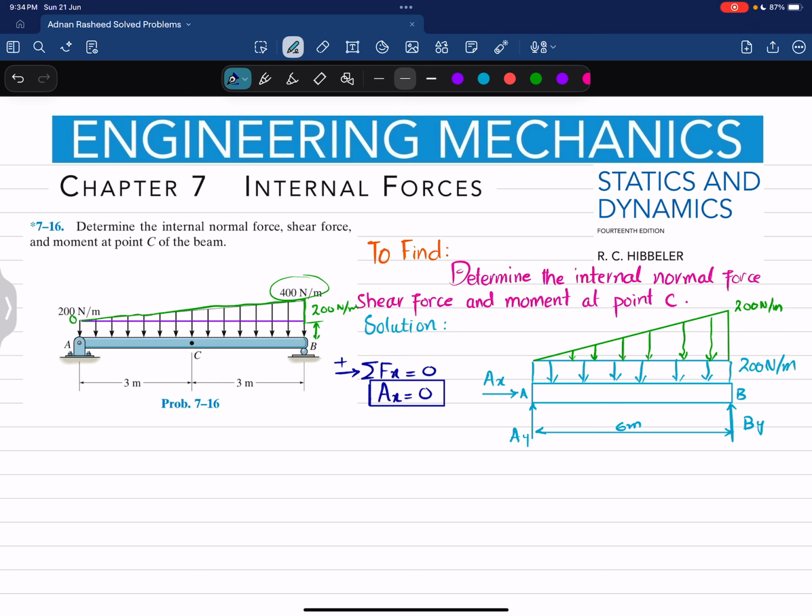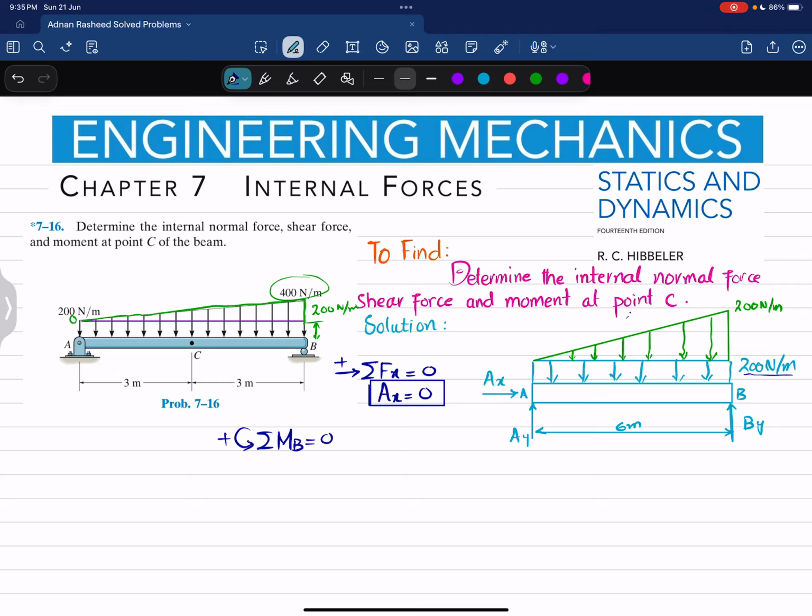Now we'll find this AY by using the second equation of equilibrium, that is, the sum of all moments about point B is equal to 0, because we are going to eliminate this BY, so that we have an equation that contains only AY. Now it's time to convert this distributed load 200 into a point load.